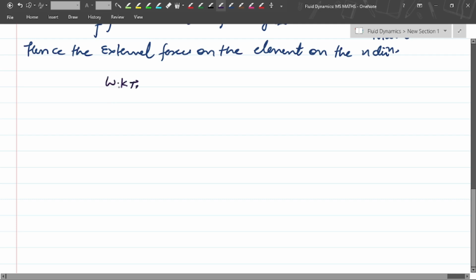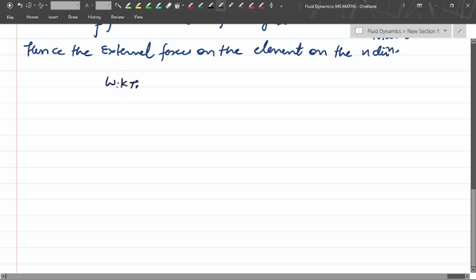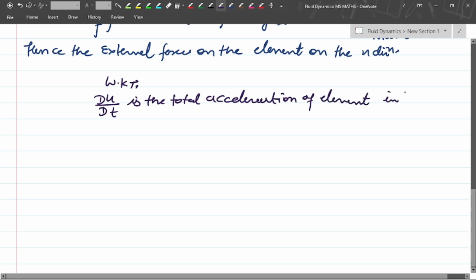We know that the local total acceleration is the relation between force and mass. By Newton's second law, du by dt is the total acceleration of the element in the x direction.